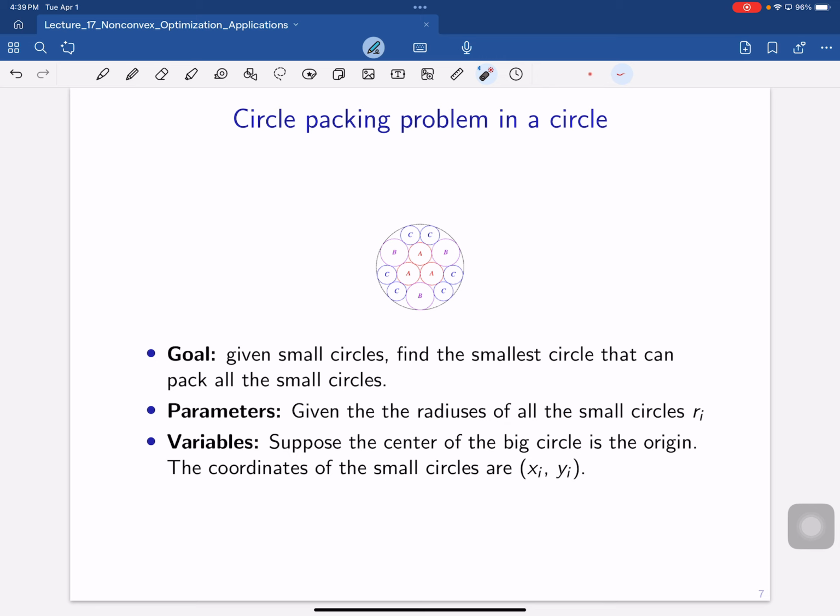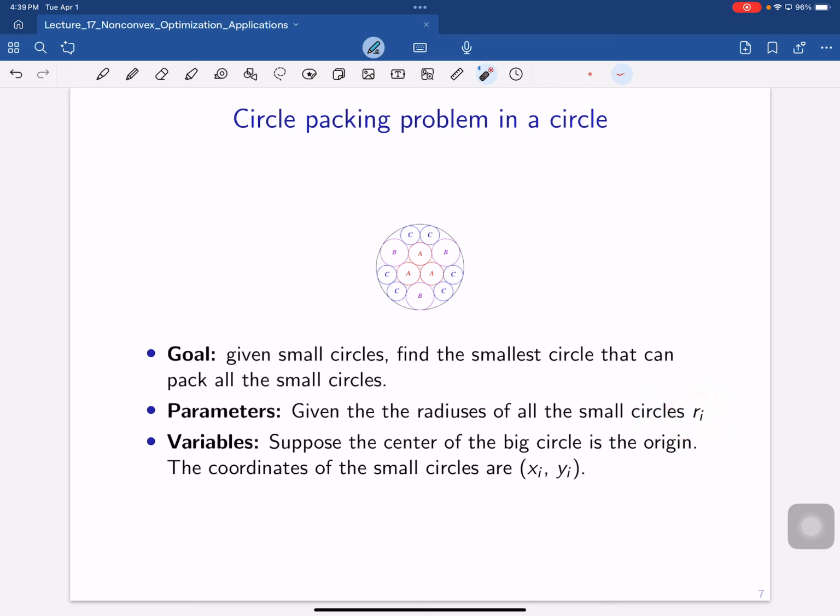Let's say you have these small circles represented by A, B, C. They are different types of small circles, and you want to minimize the radius of the circle that can pack all of them. Of course, you are given the radii of all the small circles, denoted by r_i.